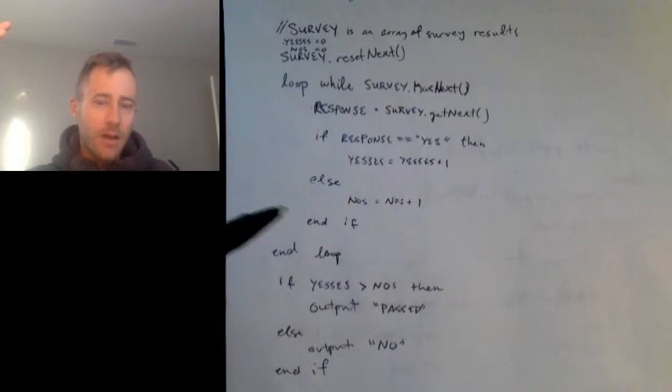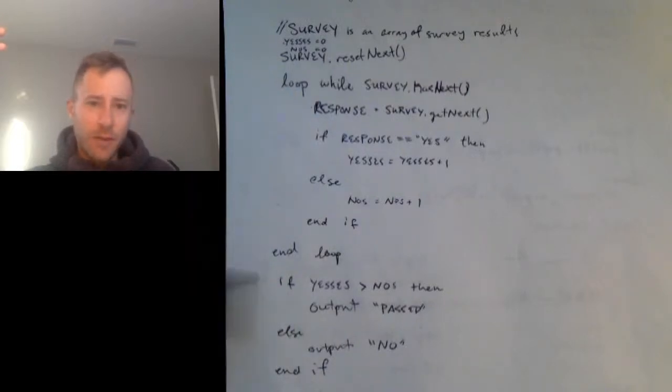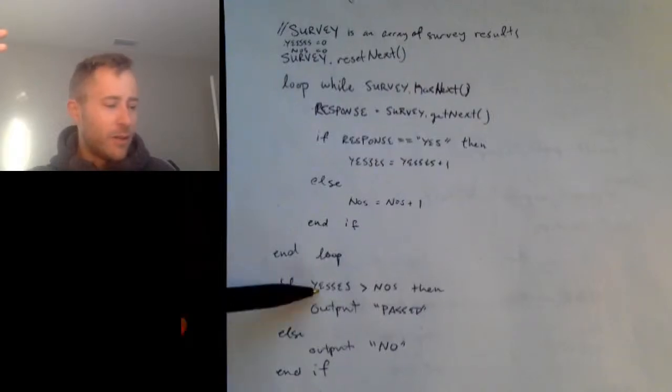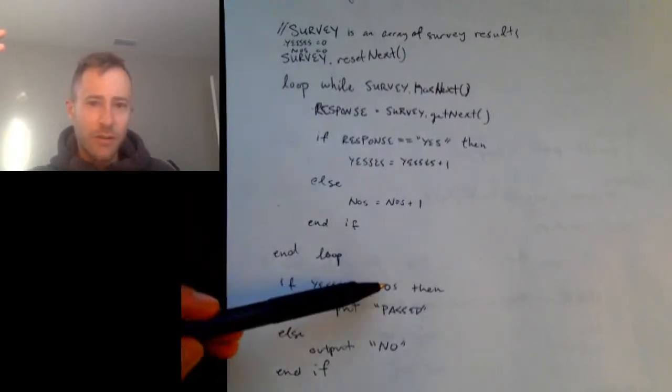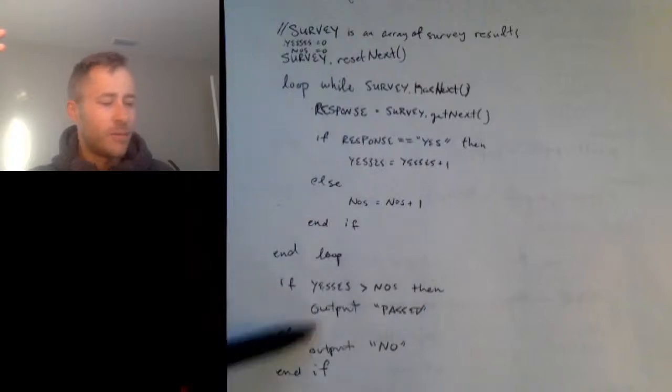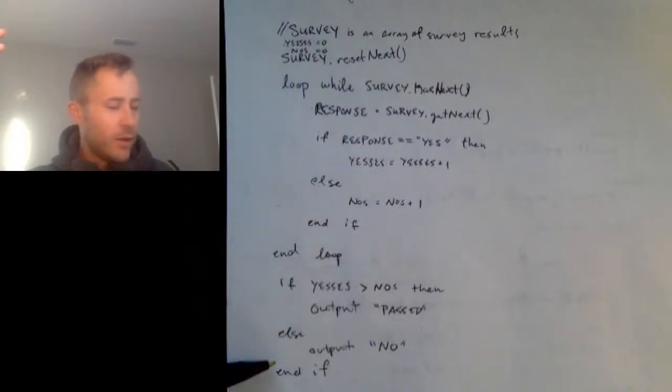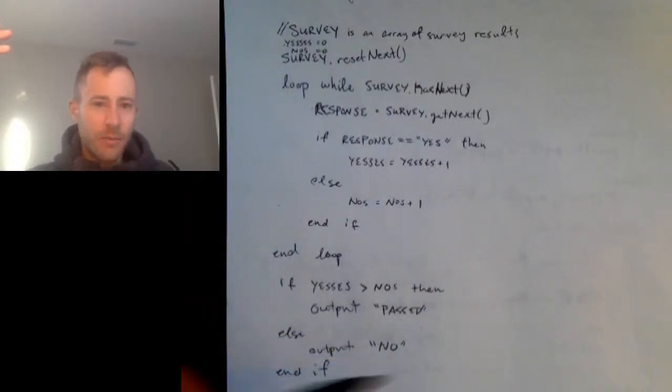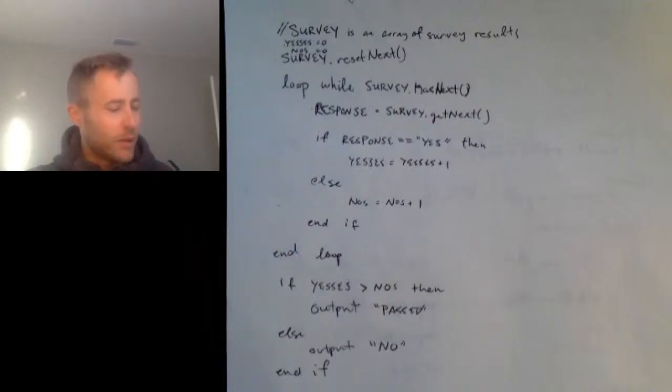Then I have a final if statement that says if the number of yeses is greater than the number of no's, we output passed. Else, we output no pass, and then end if. So this tells us, did the motion pass or did it not pass?